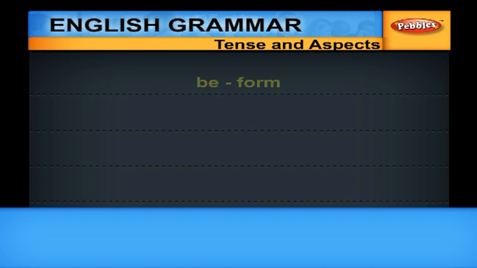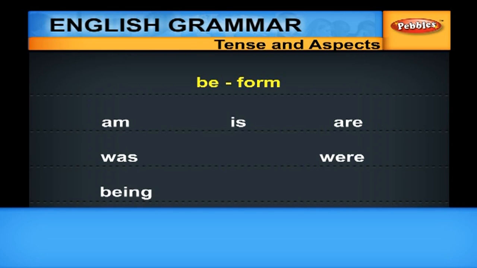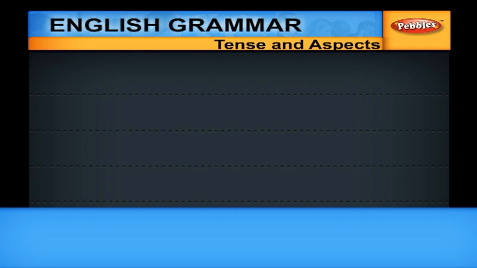By be form, we mean am, is, are, was, were, being, been, to be, and be. We will apply VO terminology here. Am or are is VO, root verb or verb without addition.